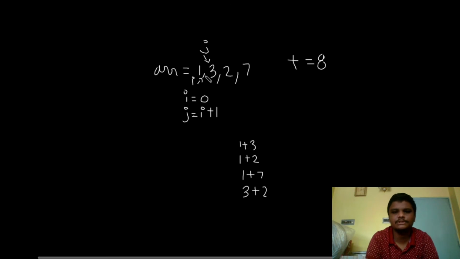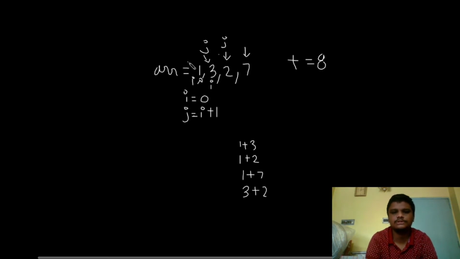If it is not equal, we increment j by 1 and check whether 1 plus 2 is equal to the target. Again we increment j, then check 1 plus 7. If the condition is not satisfied, we move the i value from here to here, and initialize j to here.